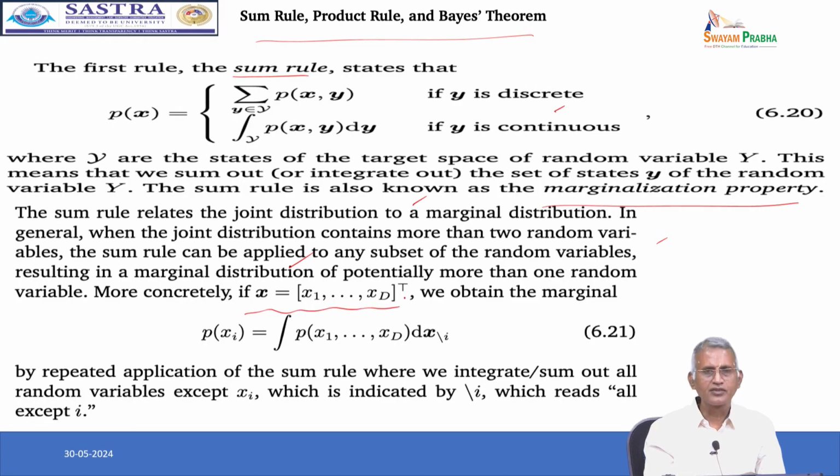Moreover, if x equals x1 to xD, we obtain the marginal p of xi equals the integral of p of x1, x2 and so on up to xD, d of x suffix not i, by a repeated application of the sum rule, where we integrate or sum out all random variables except xi, which is indicated by the subscript not i, which reads as all except i. So, this is the meaning of the sum rule, associated with the discrete and continuous cases. This is also called the marginalization property.